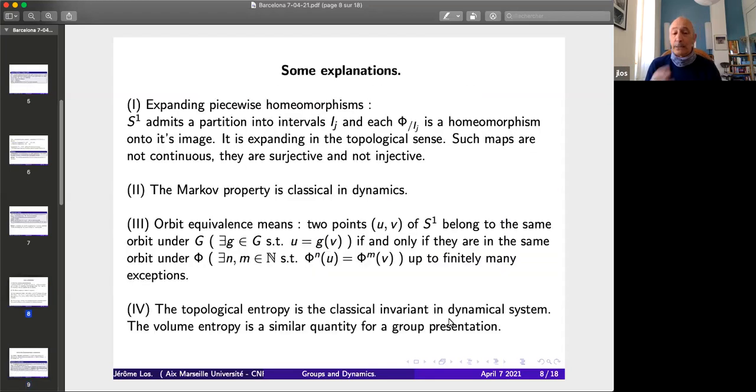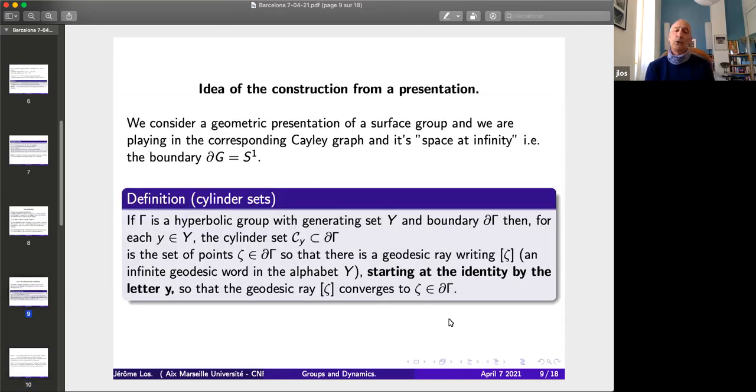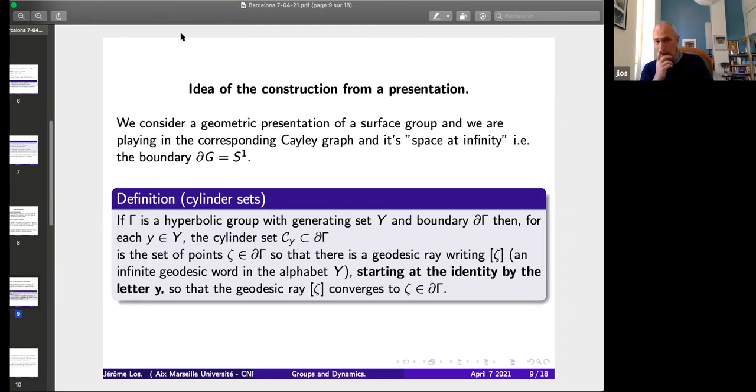And okay, so now let me try to give you some idea of the construction, from a presentation, of this collection of maps. Again, the idea is to play with the presentation via the Cayley graph and the space at infinity. The space at infinity is a circle.